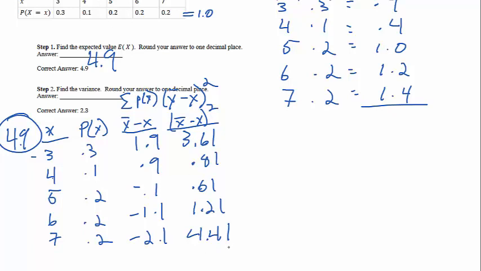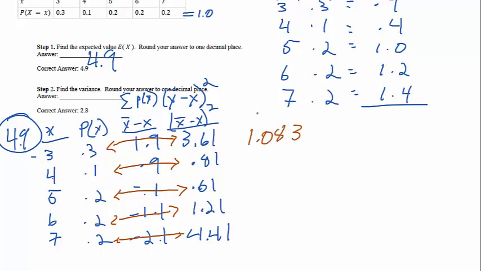Now we have to change things a little bit here, because instead of adding these up like in a traditional variance equation, I have to multiply this guy by this guy, and that guy and that guy, and that guy and that guy. You get the point. So 3.61 times 0.3 equals 1.083. And this is where the probability of the x times x bar minus x squared comes into play.